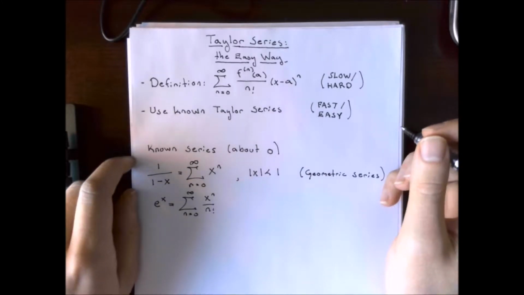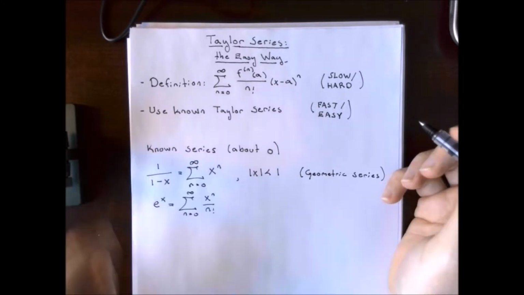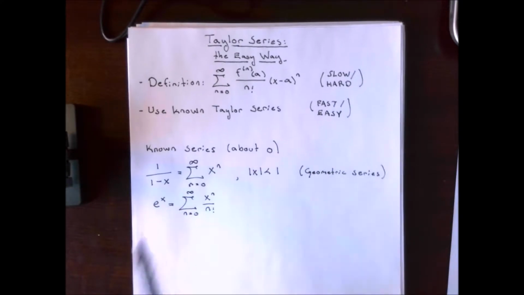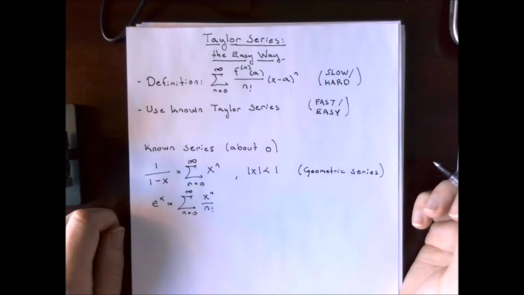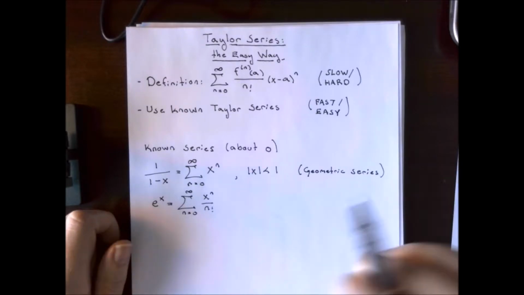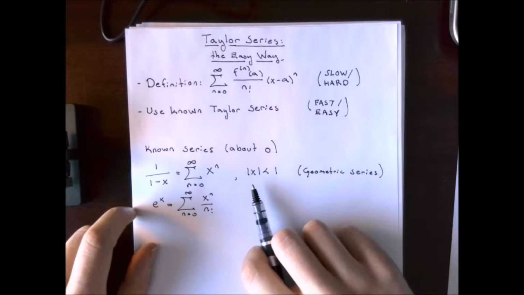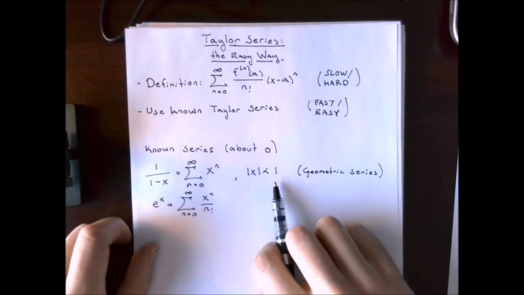Basically two Taylor series which everyone should know. It's the Taylor series of 1 divided by 1 minus x. This is the geometric series, and it's valid when the absolute value of x is smaller than 1.